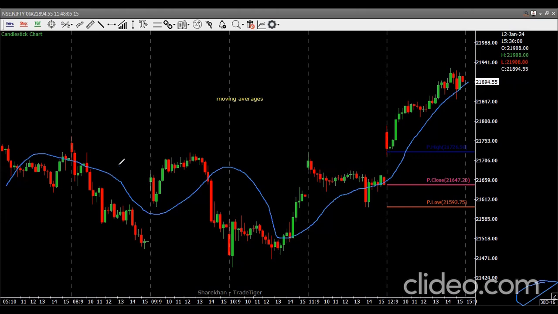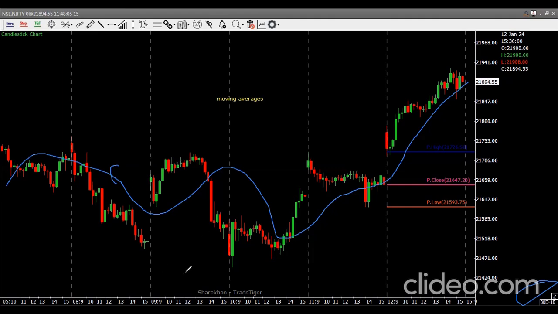So the moving average smooths the price data to form a trend following indicator. See, whenever the trend is there, this moving average follows the price. So the main significance of using it is you are following the price.